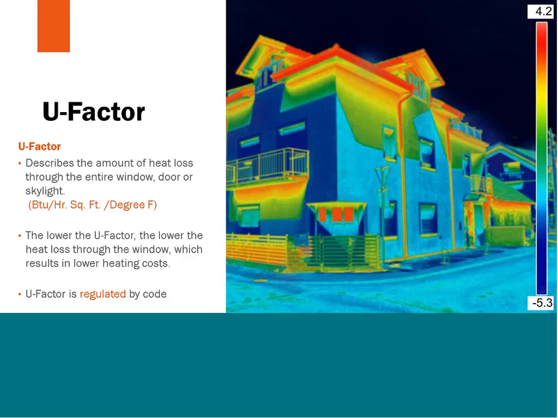Since windows, doors, and skylights are made up of different materials such as glass, vinyl, and wood, the U factor rating is more appropriate for rating heat loss. Additionally, energy codes reference heat loss, and that's why we use the U factor to measure that.